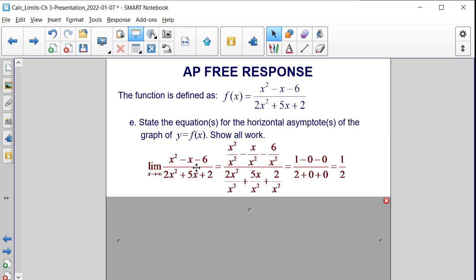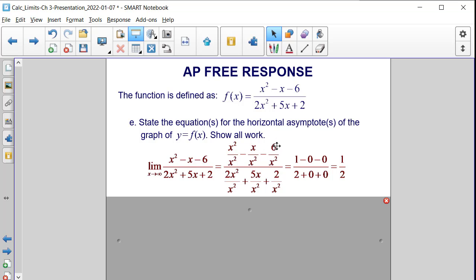So when we do that, since we have a rational function, we are going to divide all of our terms in both the numerator and denominator by the greatest exponential value in our polynomial, which is x squared. So when we divide all of our terms by x squared, we get a 1 here. We get 1 over x, which, as x approaches infinity, approaches 0.